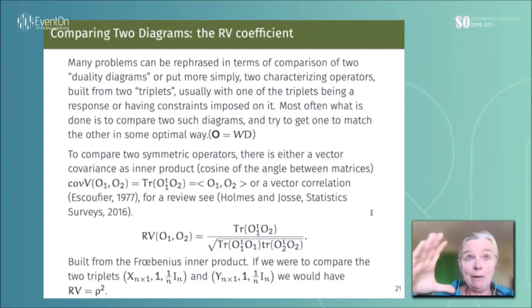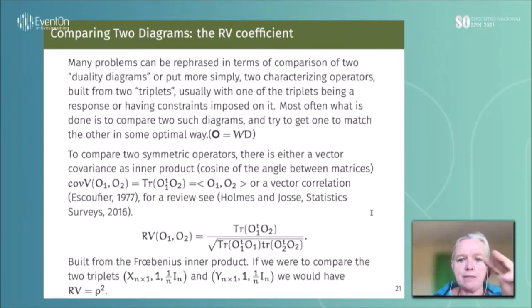So when I say we approximate one diagram by the other, there's actually a concrete way in which we measure the quality of the approximation, and that's through what's called an RV coefficient. It's just an inner product between the operators which correspond to the two diagrams.